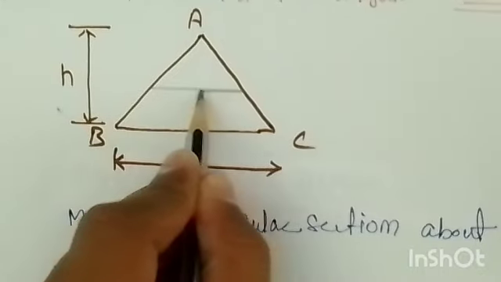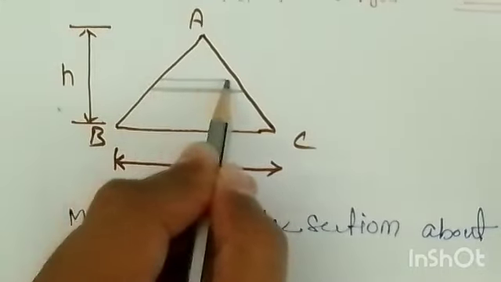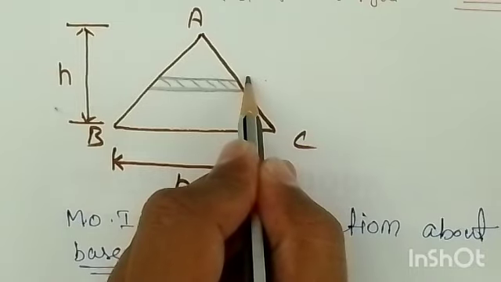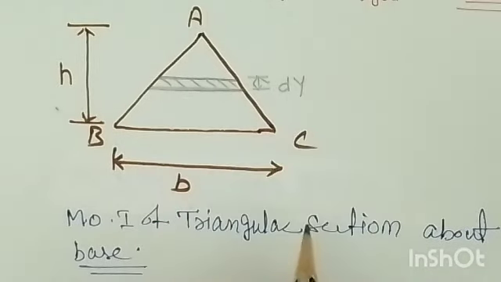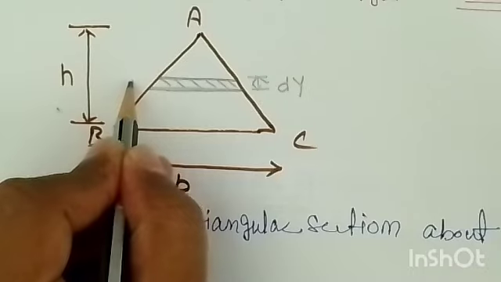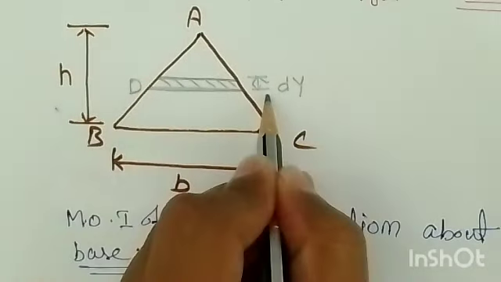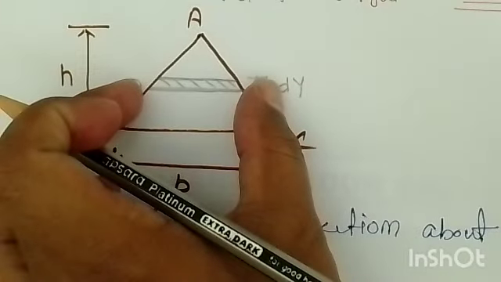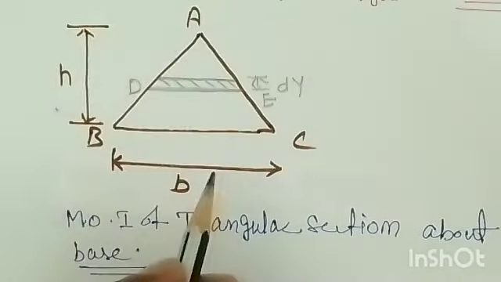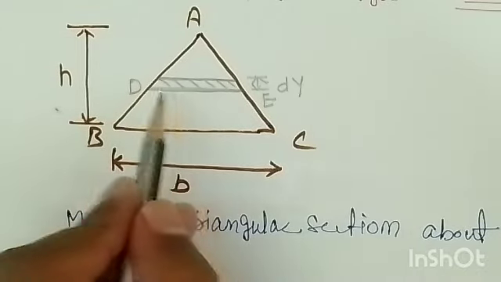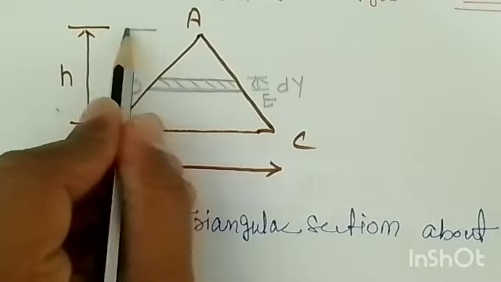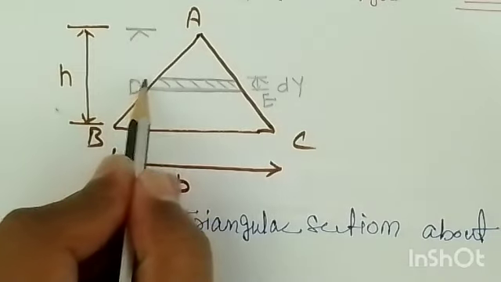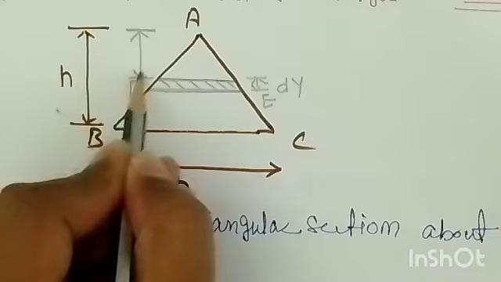This is the elemental strip we are considering, whose thickness is, let's say, dy. The name of the strip is DE. The elemental strip is located at a distance of y from the vertex.